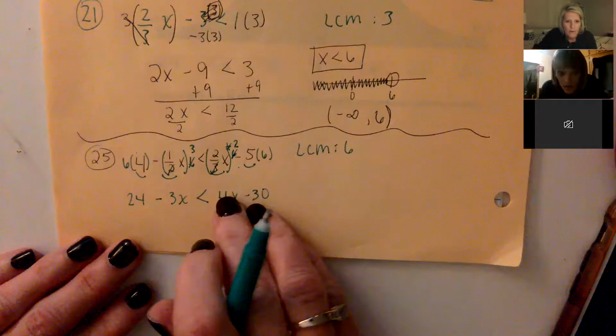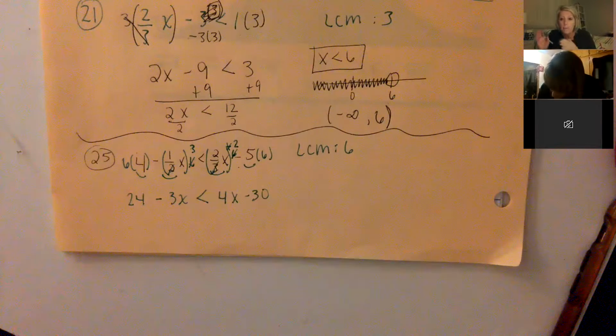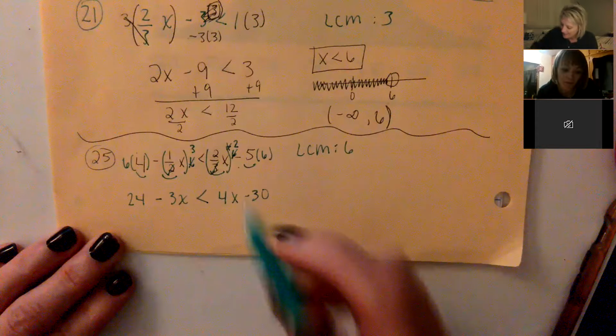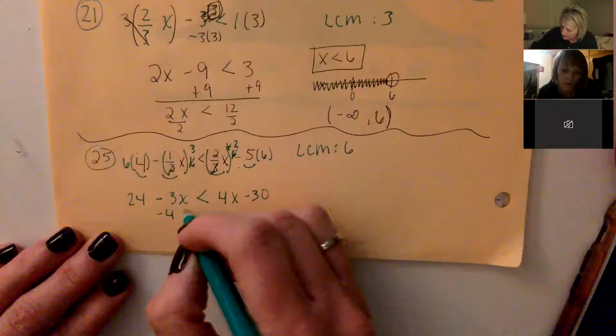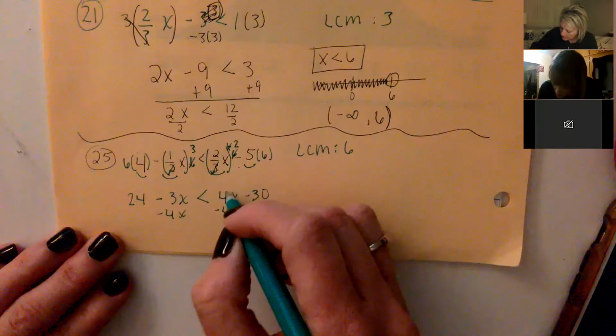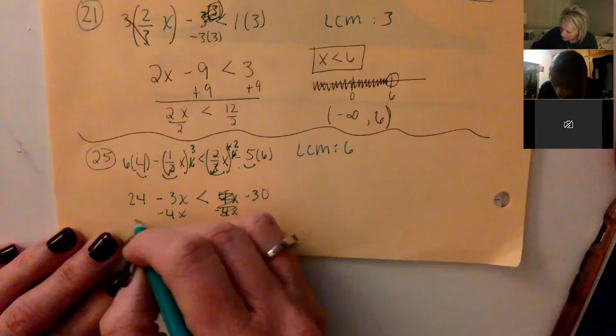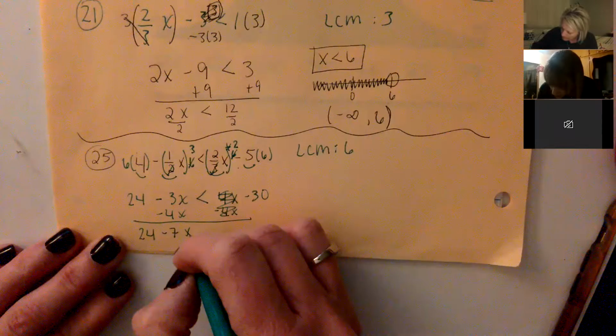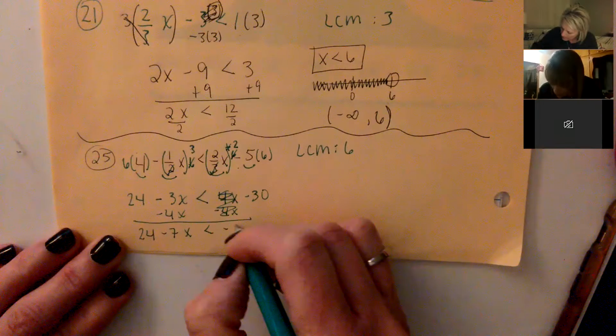So now all of our x's need to go on one side, and Mrs. May likes to have them all to the left. So since we have to move some either way, let's move them all to the left. So let's subtract 4x. So those add to 0. So that's negative 30 here.